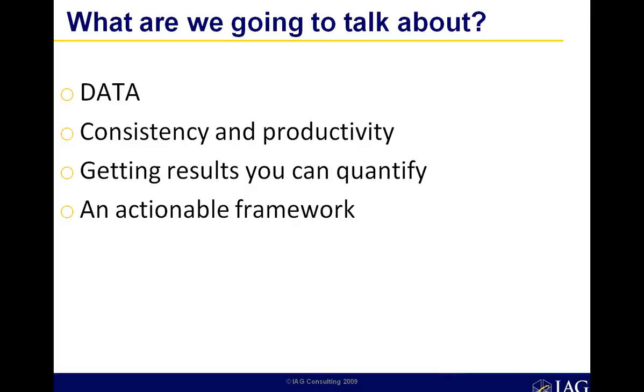How do you accelerate productivity with those larger groups? And I'm not just going to talk about gaining little bits of productivity. What I want to really show you is how do you go about gaining quantum improvement in productivity. And I want to share some secrets, tips, traps, these kinds of ideas for you as we go through this discussion. And I want to make sure that you're getting results that you can quantify.